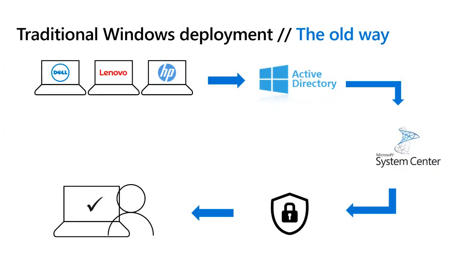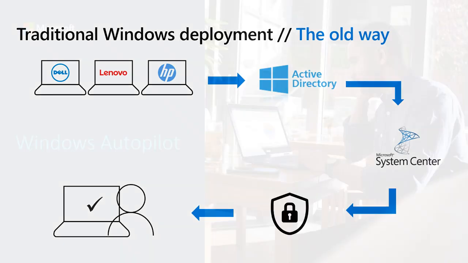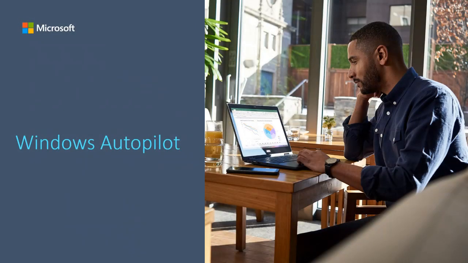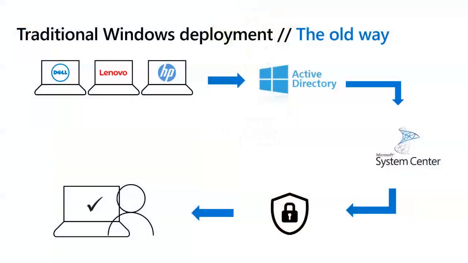Okay, so Windows Autopilot goes into how we can automatically or use low-touch provisioning for Windows devices. So currently, how devices are deployed in a typical IT environment today is we buy the device from our manufacturer.